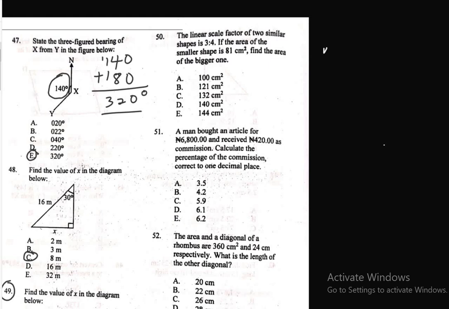Okay, so what I'm trying to say is that the area of the smaller shape, AS, divided by the area of the bigger shape must be equal to the square of the linear scale factor. The linear scale factor is 3:4, so 3/4.